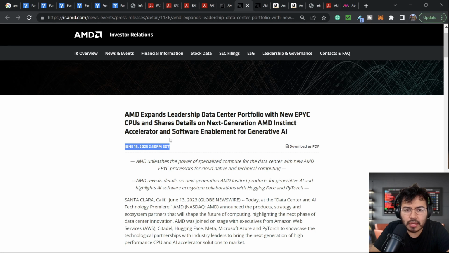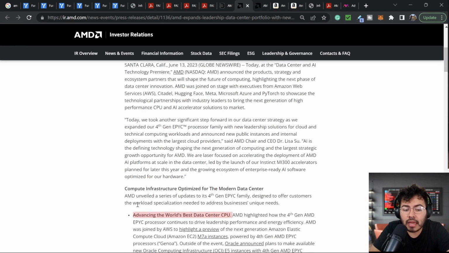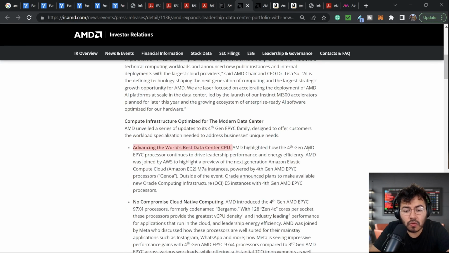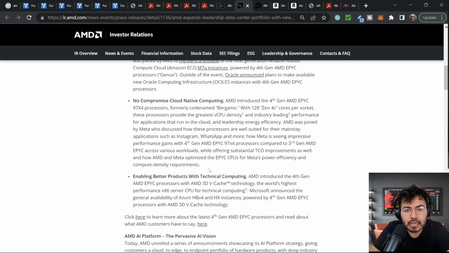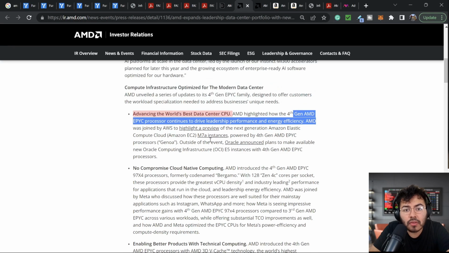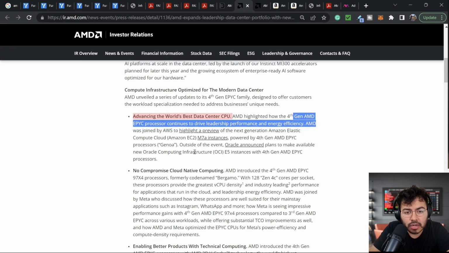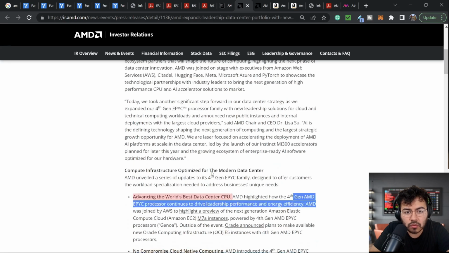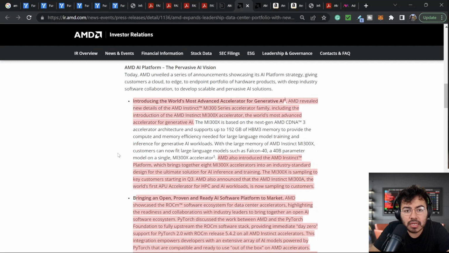So like I mentioned, the company recently did have an update on June 13th of 2023. Remember, that analyst presentation was about a year ago, so I want to bring up some recent news. On June 13th, AMD announced that the Genoa fourth generation EPYC processor is doing amazing, and they are releasing new variants, which are Genoa X and Bergamo. AMD also continues to introduce more GPU products.